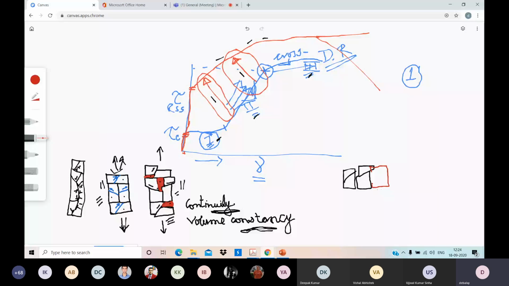In a polycrystal, I'm showing a bicrystal. Now if slip has to happen, statically stored dislocations need to move. But what problem is happening here? Suppose this red-colored crystal is not deforming. What is the problem that will happen at that point?